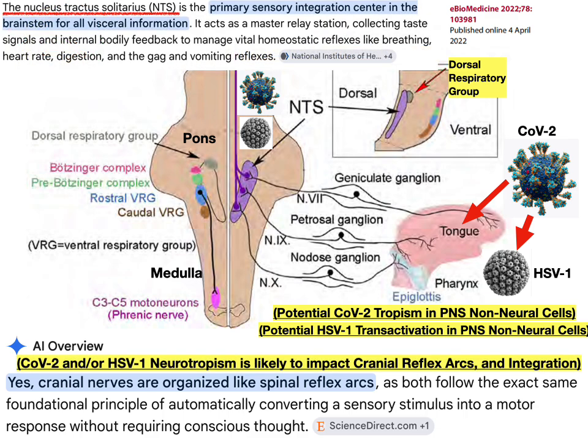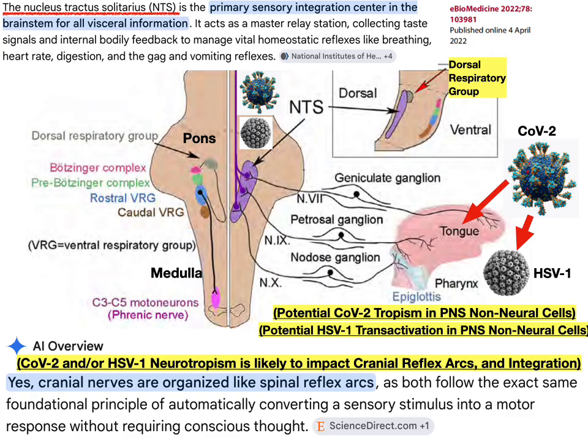We have been focusing on breathing, but it's important to recognize that the brainstem is carrying out many autonomic functions simultaneously. The nucleus tractus solitarius, NTS, is the primary sensory integration center in the brainstem for all visceral information.